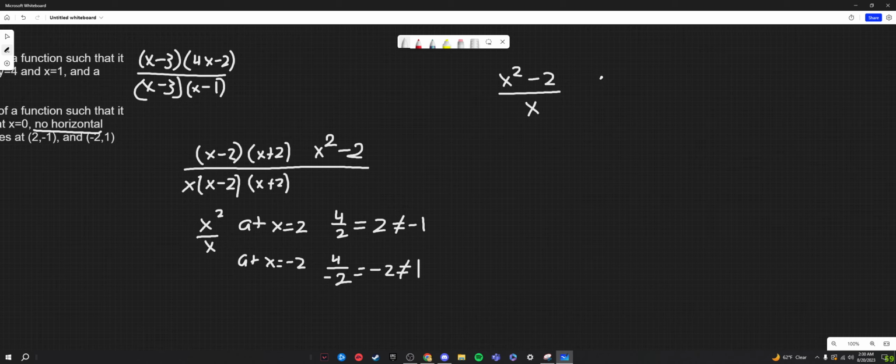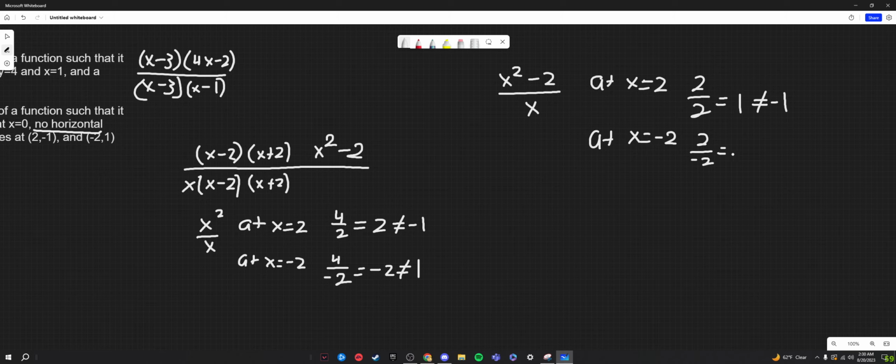At x equals 2, we get 2 squared, 4, minus 2 is 2, over 2, which is 1. While that does not equal -1, which is what we want, it is a lot closer. Similarly, at x equals -2, we get -2 squared, which is still 4, minus 2 is 2. Now it's over -2, which is equal to -1, which is not equal to 1.